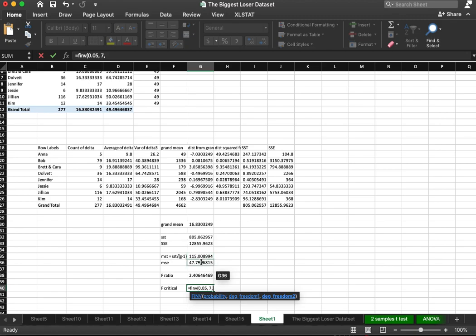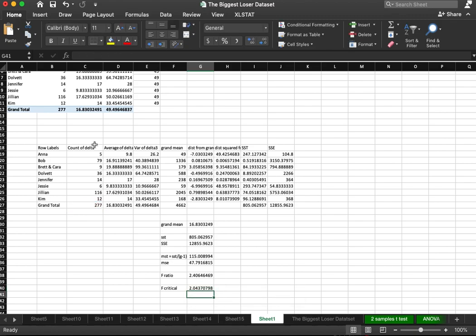Degrees of freedom 2 is this, minus 8. Okay, so in this case, our critical value is lower than our F ratio. So we would conclude there is evidence that not all of them are the same. Even though it's not a very high score, it's close enough.